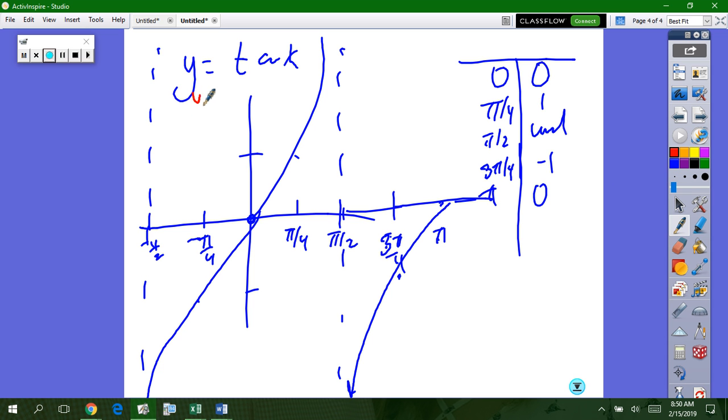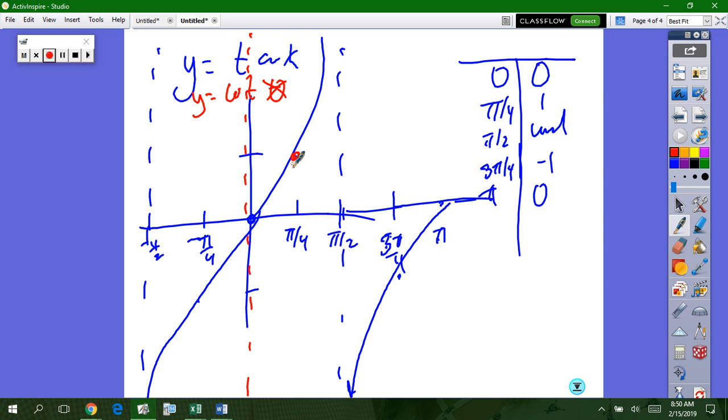So cotangent's in red. What's the reciprocal of 1? 1. What's the reciprocal of a very small number? Very large. What's the reciprocal of a very large number? Very small. So it moves closer and closer to 0.